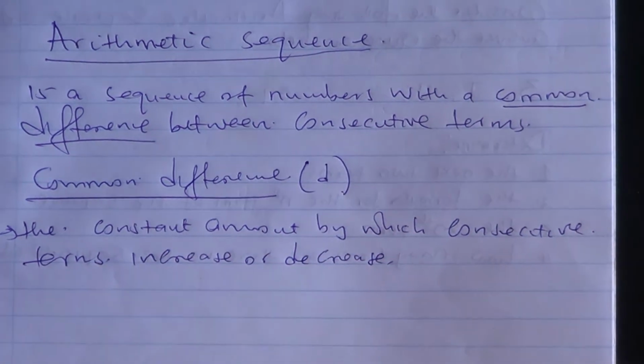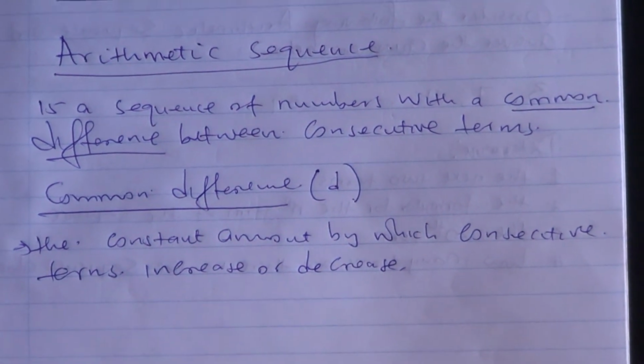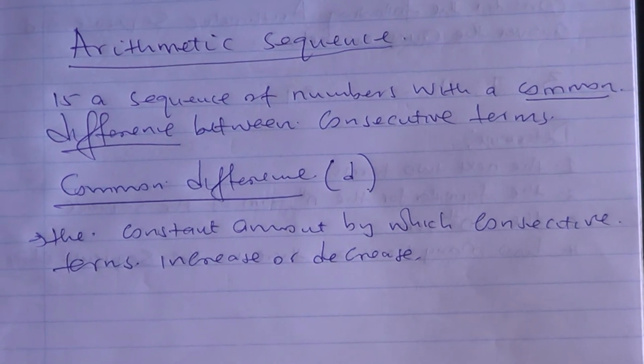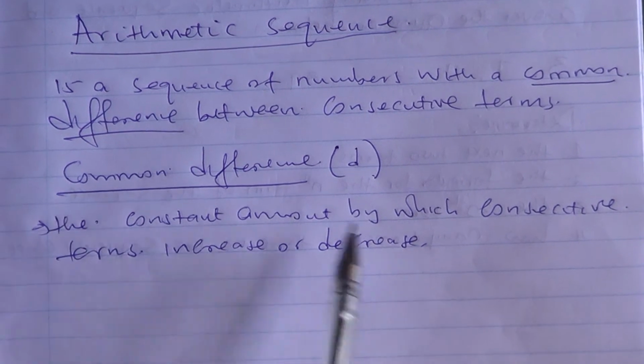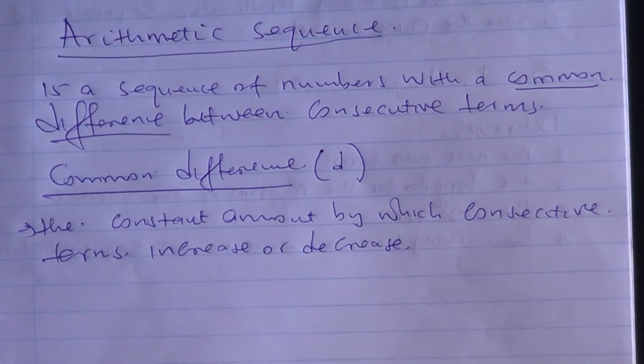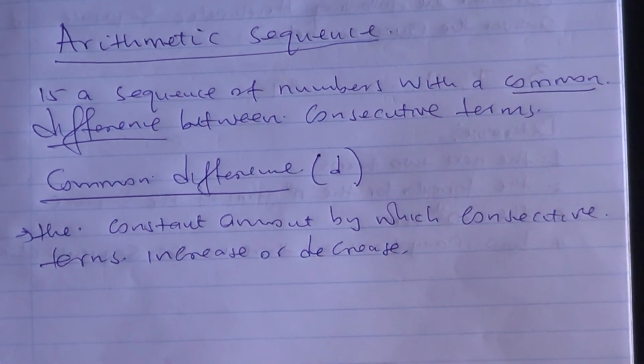So if we have an arithmetic sequence, it is either increasing or decreasing. Therefore it has what we call a common difference that is found between the consecutive terms.